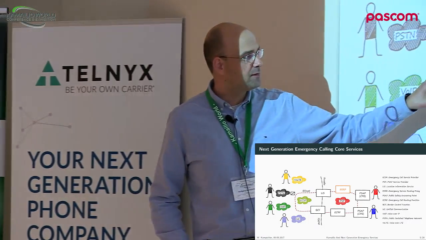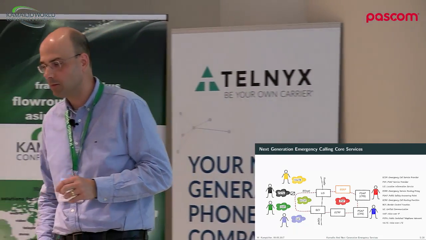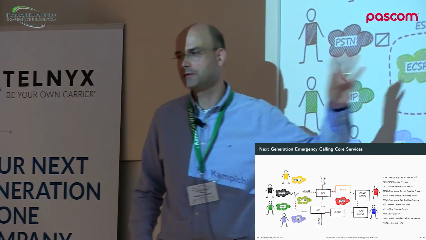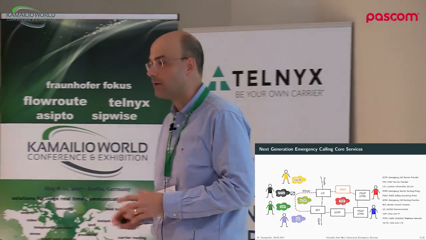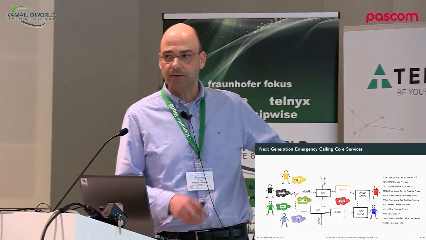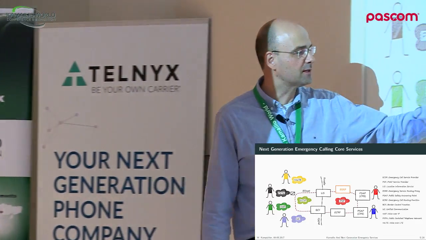We perhaps have two different roles in this emergency service IP network. One is the emergency call service provider, and the other is the PSAP service provider. This depends on how things are regulated and what legal issues have to be considered. But just consider this as an IP network, and signaling here is all SIP.